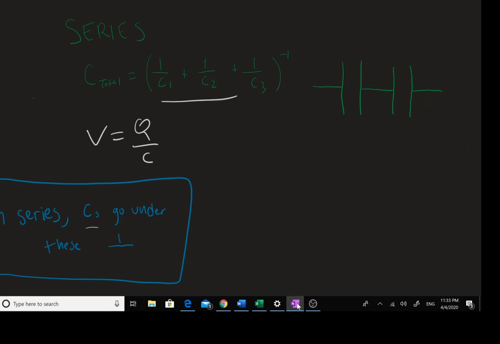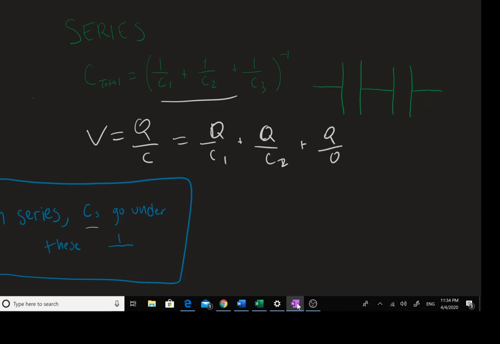So I'm going to show you how we get this equation. We know that the voltage is equal to the charge over capacitance, and then we'll use that for each individual capacitor.